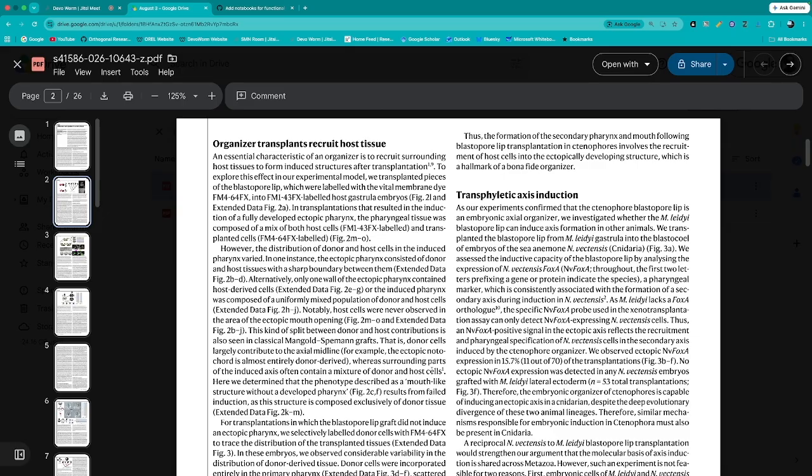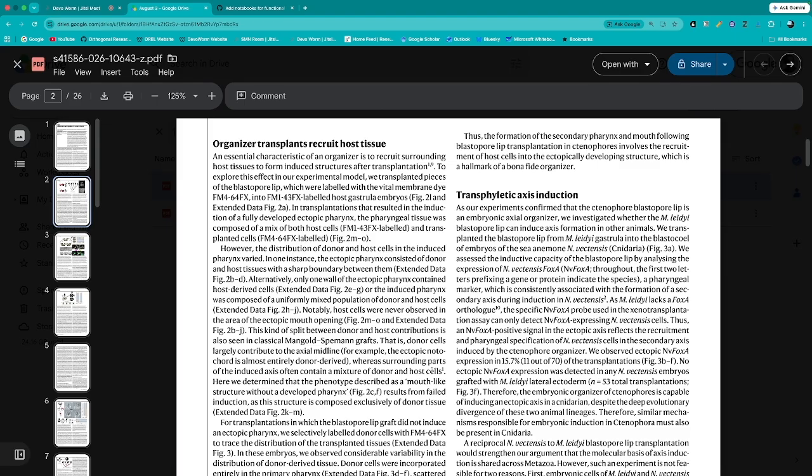So basically, you put a chunk in one part of the embryo, and the rest of the embryo is the host, and that chunk that you put in is the donor. And then as the embryo develops, of course, they start mixing in certain ways, but also maintain their own identities.